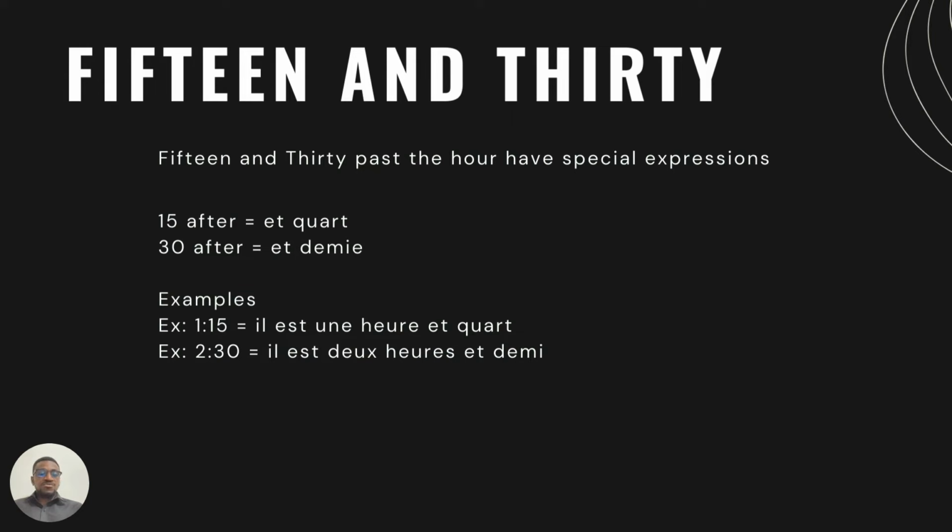So if you don't want to say 15, you can say a quart. If you don't want to say 30, you can say a demi. So 1:15 is il est 1h15. And for example, 2:30 is il est 2h30.